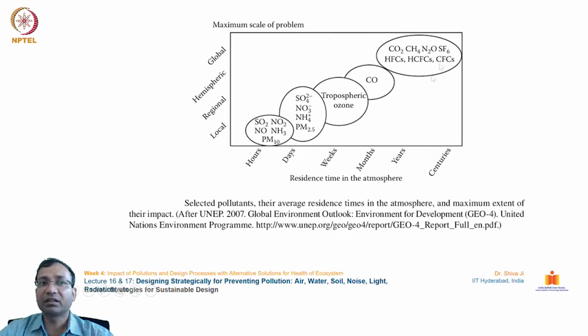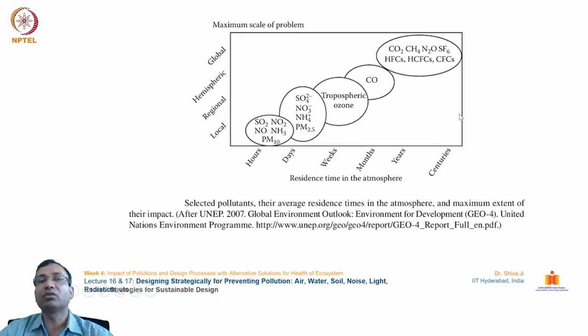And then there are other compounds like CO2, CH4, N2O, SF6, HFCs, HCFCs and also CFCs, etc. We are all aware of the harms these compounds do: acid rains, global warming, all of the greenhouse effects, etc. They are caused by most of these compounds.